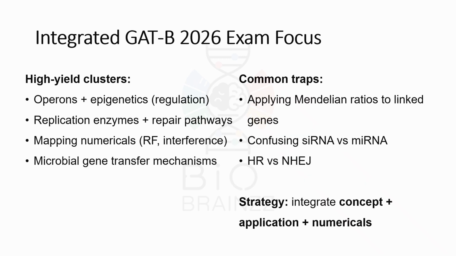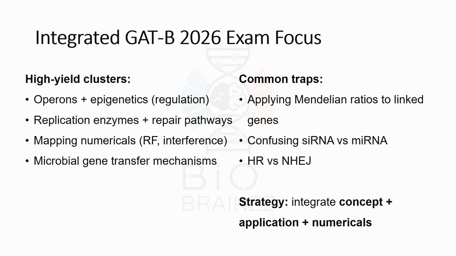Integrated GAT-B 2026 exam focus. The slide summarizes the most important areas for exam preparation. High-yield topics include operon models and epigenetic regulation, DNA replication enzymes and repair pathways, genetic mapping numericals, and microbial gene transfer mechanisms.